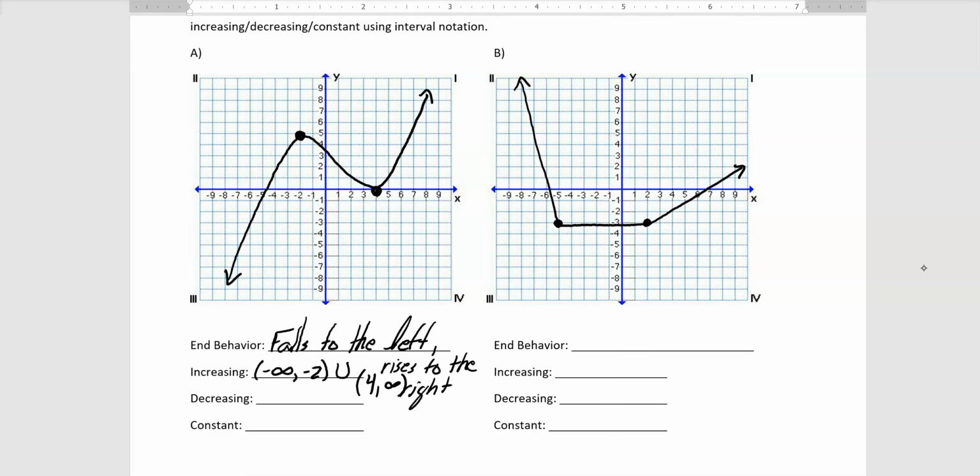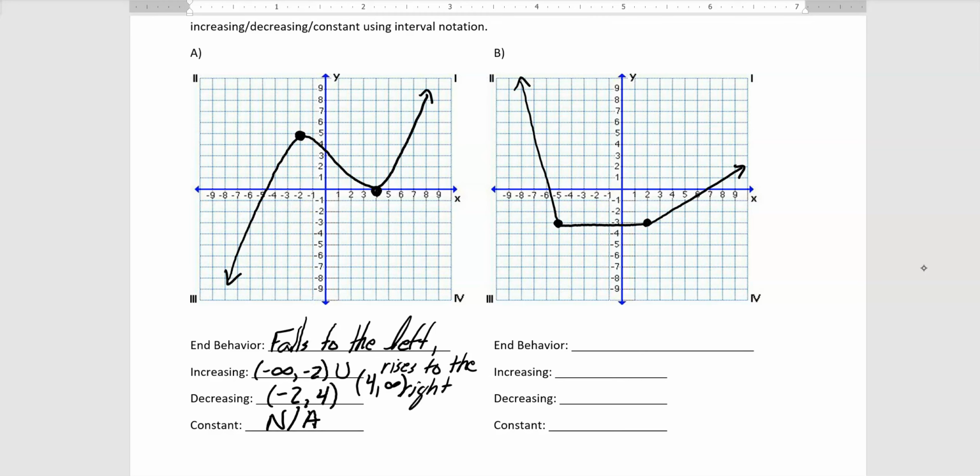It stops increasing at -2, and then again, it starts increasing from 4 to infinity. Now it's decreasing from -2 to 4. Over those x values, the y value is going down.